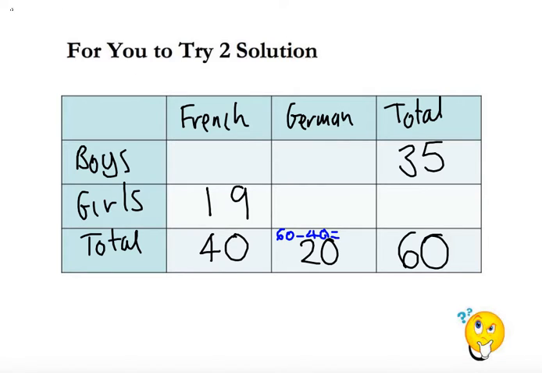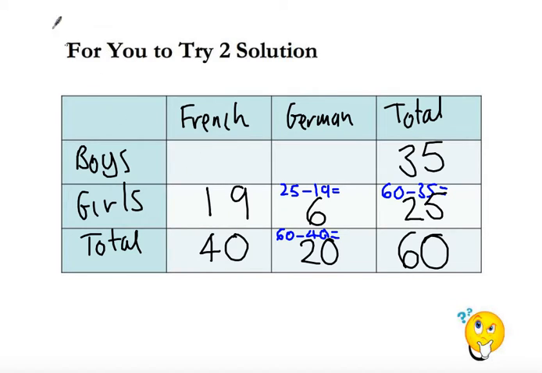Total number of girls is the difference between 60 and 35. So we're going to get an answer of 25. Okay, so the number of girls studying German is the difference between 25 and 19. So we're going to get an answer of 6.